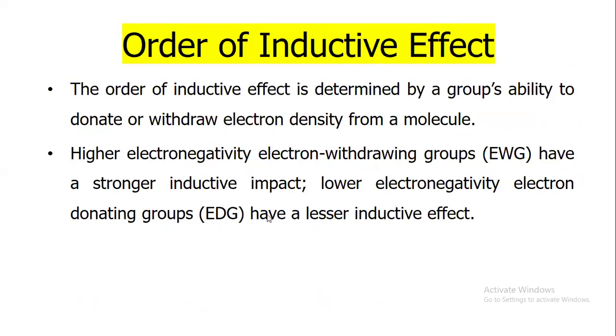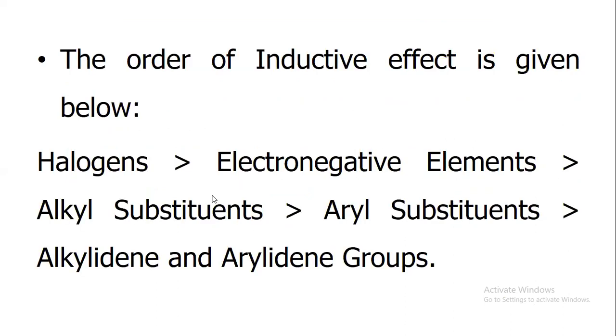Order of inductive effect: the order is determined by the group's ability to donate or withdraw electron density from the molecule. Higher electronegativity electron withdrawing groups have a stronger inductive impact. Lower electronegativity electron donating groups have a lesser inductive effect. The order of inductive effect is given below: halogens, electronegative elements.